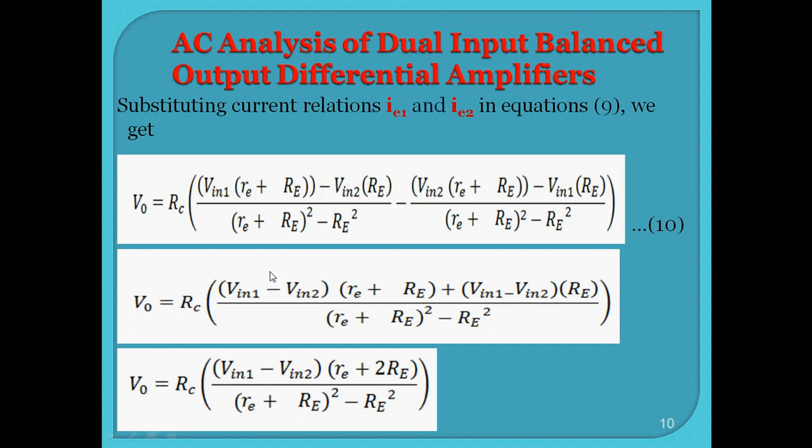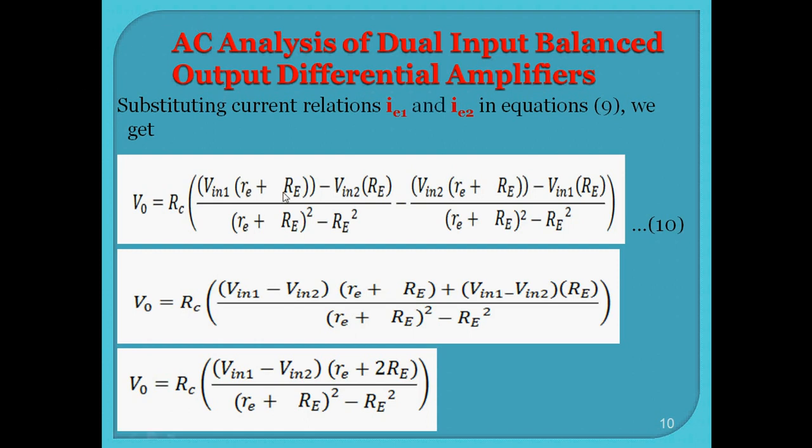What is remaining is, when we are subtracting this total equation from this, for the numerator equations, when we are observing carefully here, we have the same term, small re plus capital RE bracket, again reflecting in the right side equation. So when we are making these two equations common, small re plus capital RE, the coefficients from these two equations are V in 1 and V in 2.